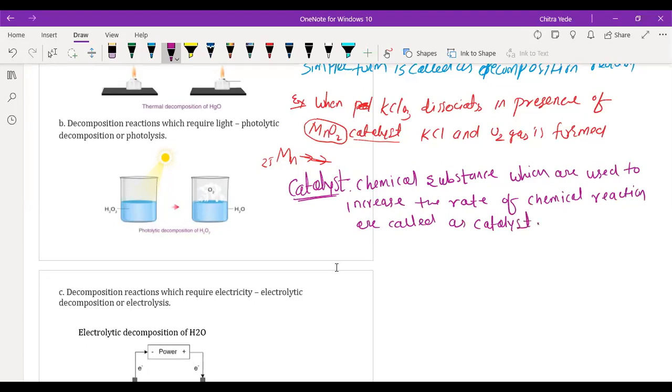Understood? So in the above reaction, MnO2 was the catalyst. MnO2 is the catalyst for the decomposition of KClO3. Okay.